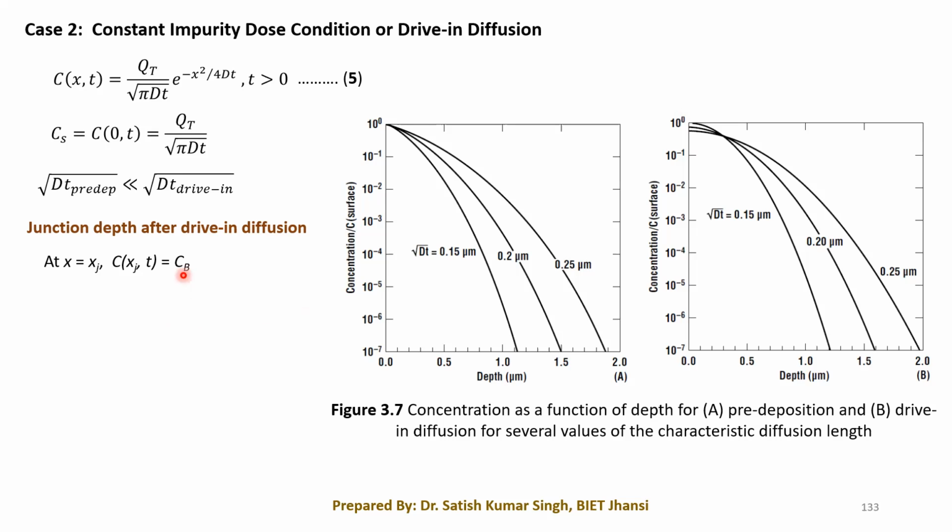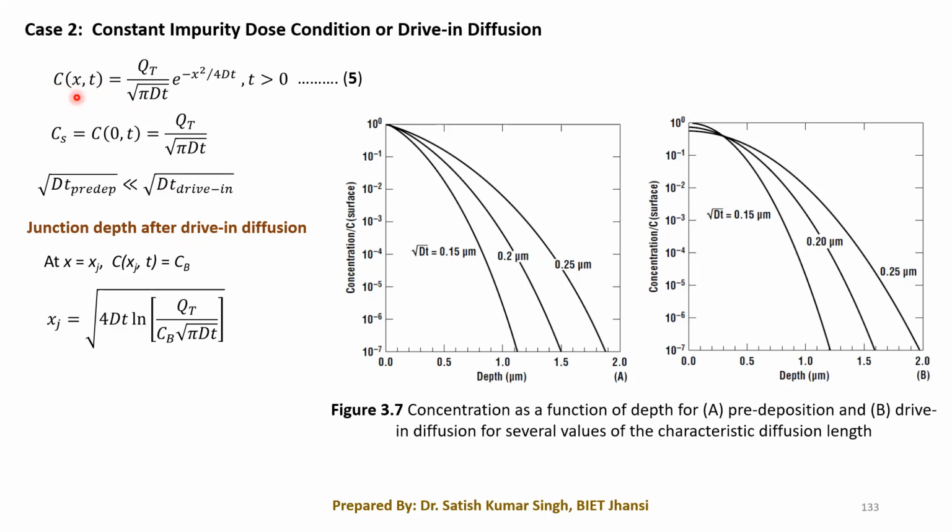So if we substitute this into our equation of the dopant profile, at x equals xj, C(xj, t) equals Cb, into the dopant profile that we have got after the drive-in step. In this equation we substitute x equals xj and replace the value with Cb.